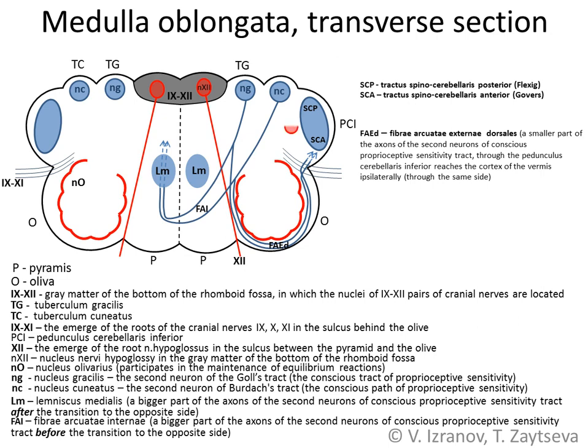And now, these red color fibers, tractus rubrospinalis. Rubrospinalis, what does it mean? That it goes from up down, because spinalis is in the second position.